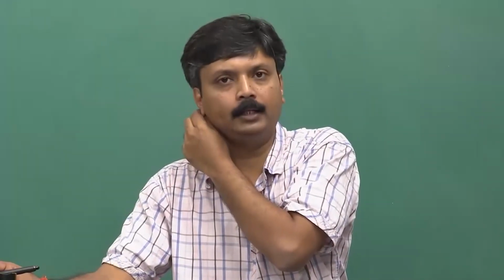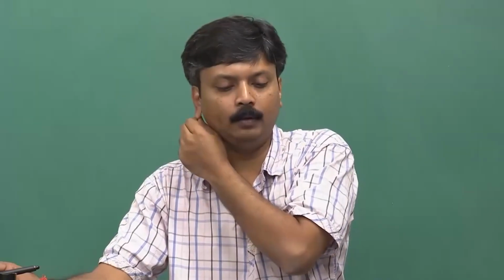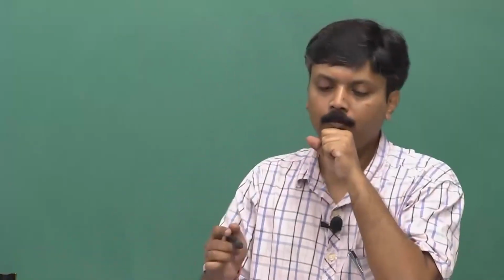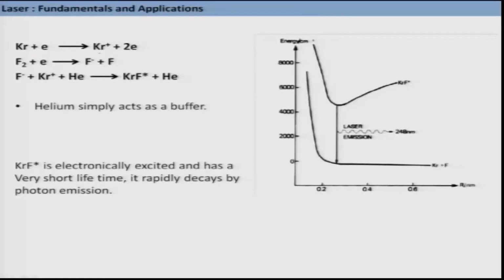So krypton and fluorine, they do not react in the ground state, but when they are excited, okay, so when they are bombarded with electrons, due to electron impact, the krypton becomes krypton plus and fluorine becomes F minus. Now this F minus and Kr plus, they are excited state, and at that condition they are forming this complex KrF.